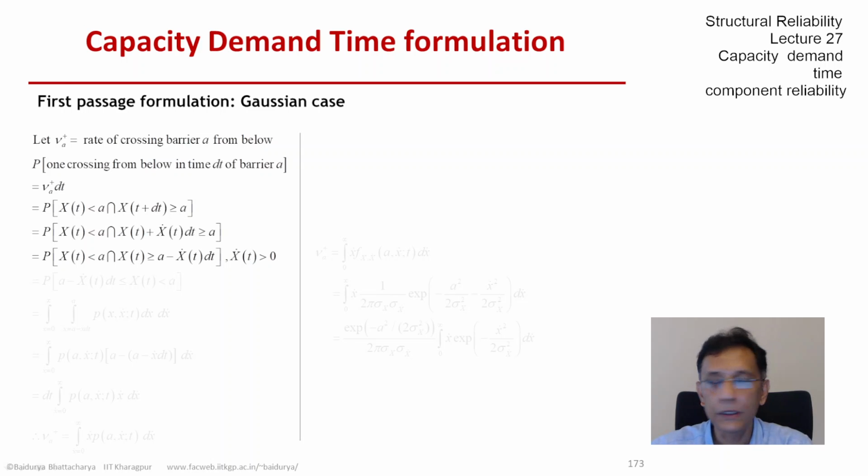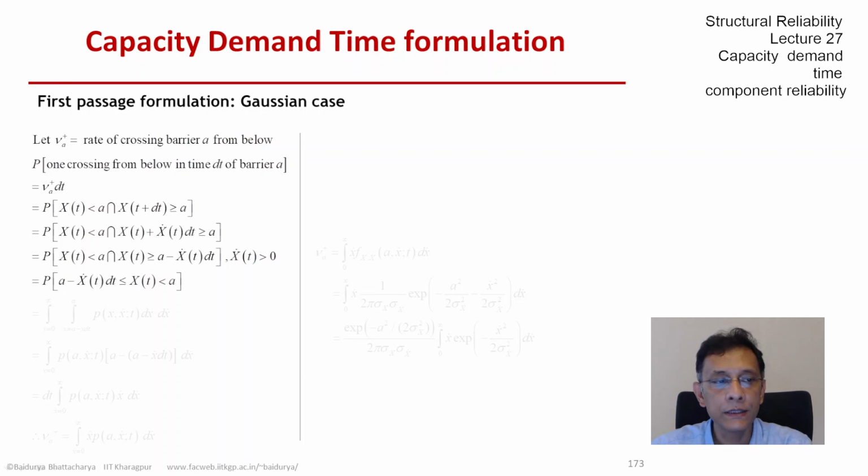And then after some rearrangement, we could express the same probability as that in which x t is less than a and greater than or equal to a minus x dot t dt. So now we have a probability involving a random variable x and another random variable x dot. X dot t is the derivative process.